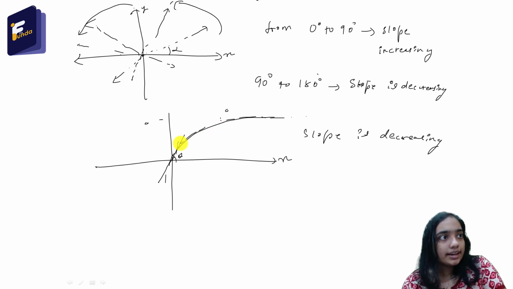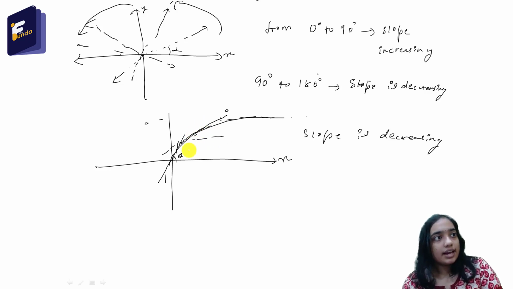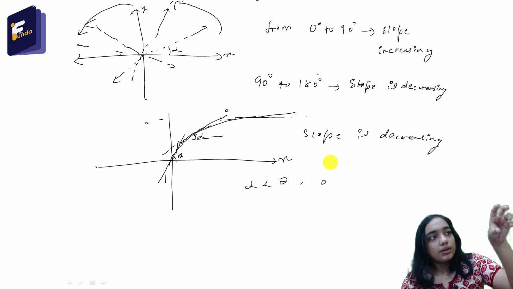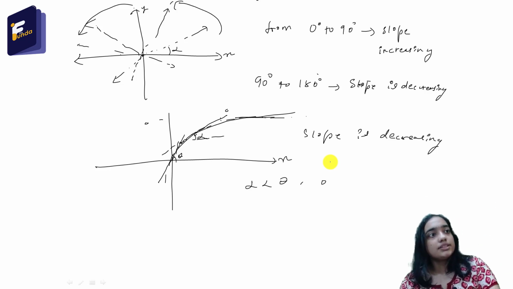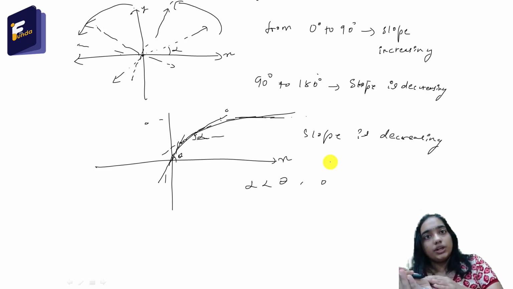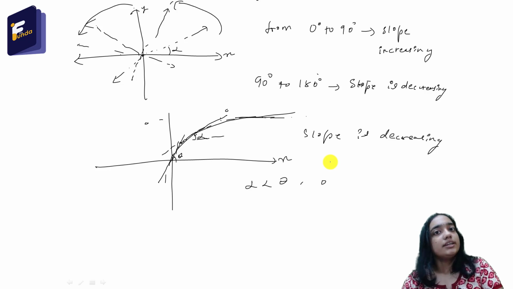This new line, the tangent to the curve, has an angle alpha that is a little less than theta. So alpha is less than theta, and finally this line makes a 0 degree angle. The line goes from say 40 degrees to 30 degrees, meaning the angle is decreasing, from somewhere near 90 degrees towards 0 degrees. So from 90 to 0, it is decreasing.